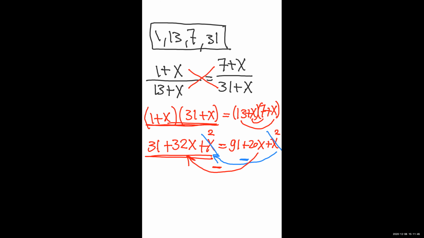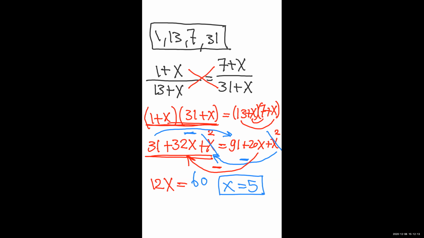So 32x minus 20x means 12x. So I want to get the value of the 12x. Shift this number to the other side. 91 minus, of course, because it's a negative. 91 minus 31, so 60. Now 12x equals 60, so x will equal 5.